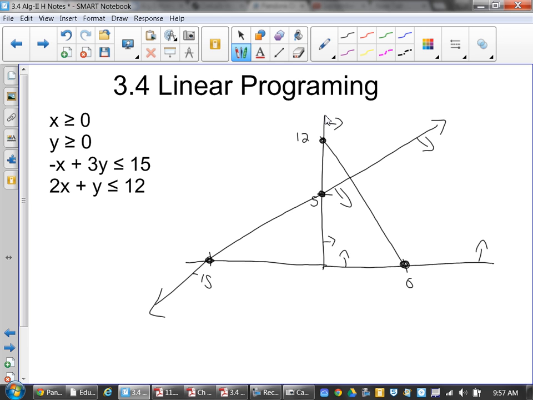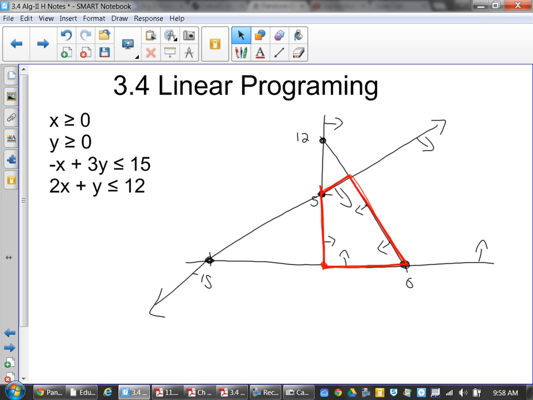Again, 0 plus 0, is it smaller than 12? Yes. So you wind up with this bounded region here. Everybody see that bounded region in red?